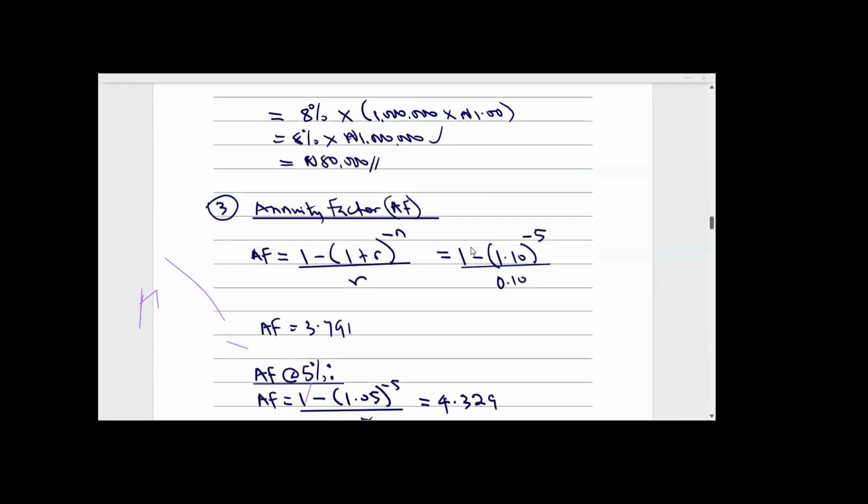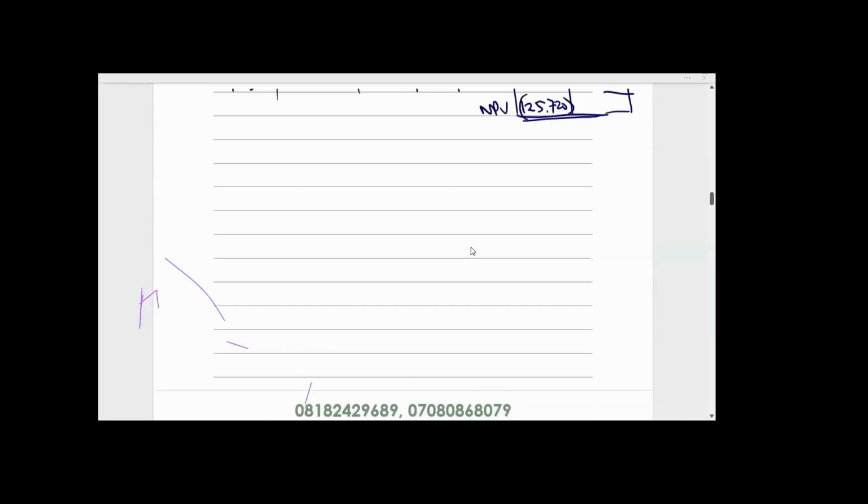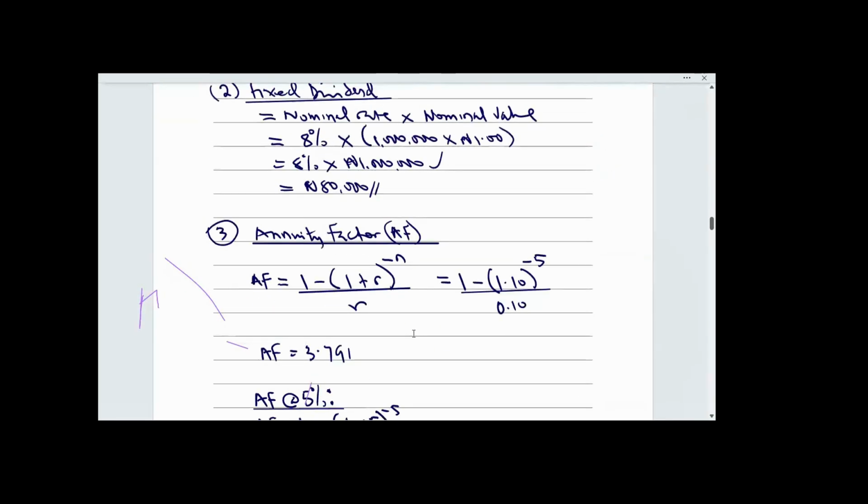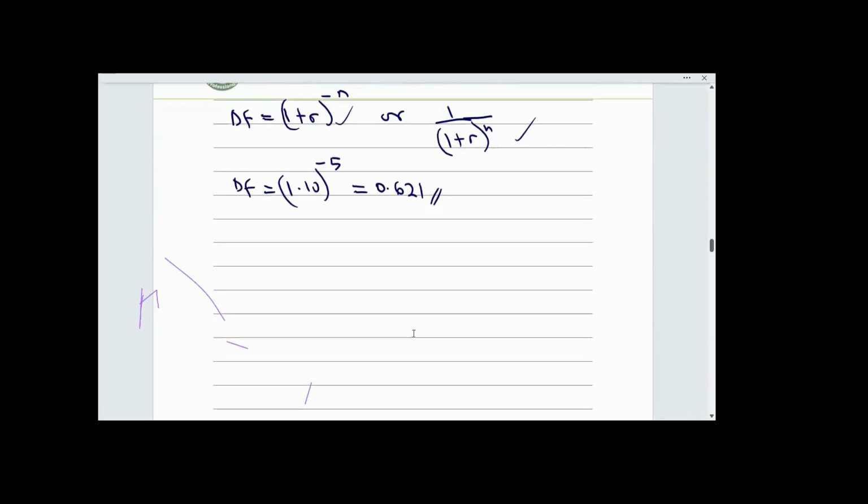So I will then go back up there. 4.329. The discount factor of year 5 at 5% will give us 0.78. Is it 784? Let me do it again so that you understand how we got it.